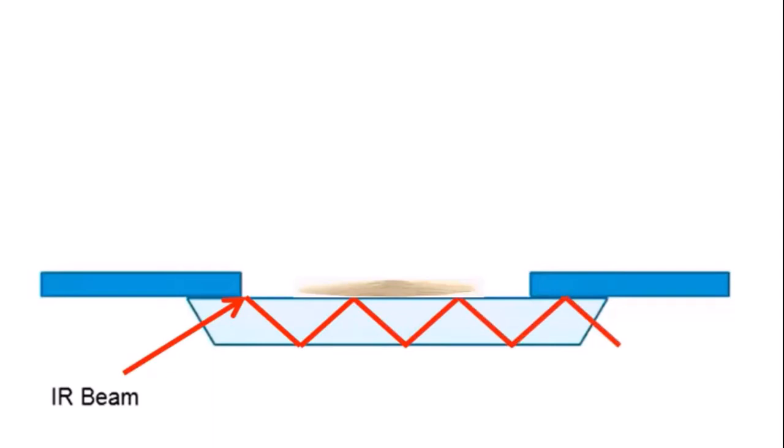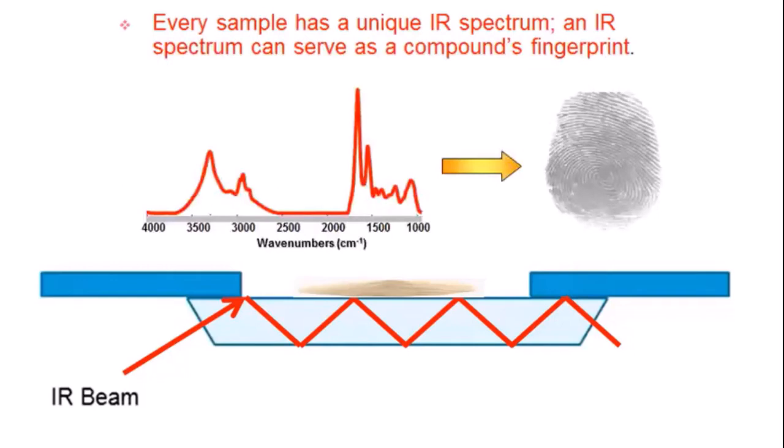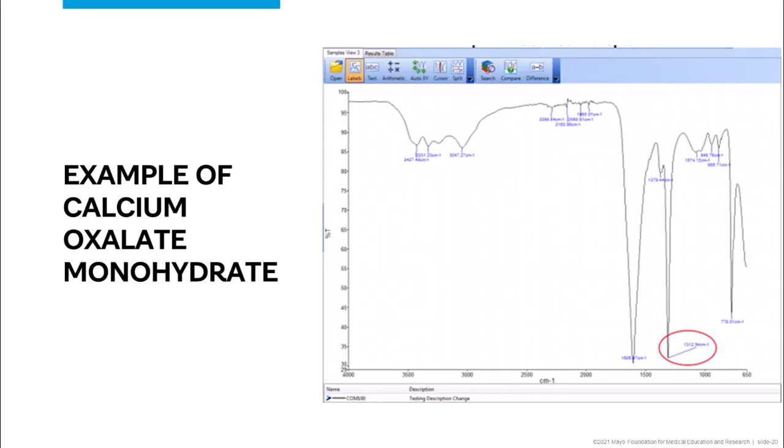And during this interaction, the molecular bonds within the different constituents are going to absorb some of that radiation. And that's going to produce a very unique fingerprint or identification of the constituents. And so by looking at these different unique spectra, this is how we can identify the different constituents in that kidney stone. And so here's an example of a typical calcium oxalate monohydrate stone. And you can see the various shapes and peaks.